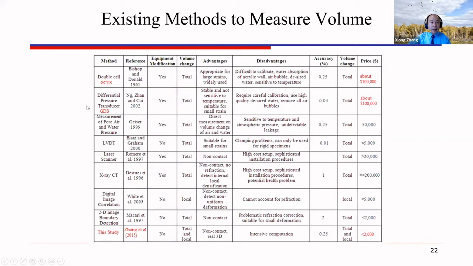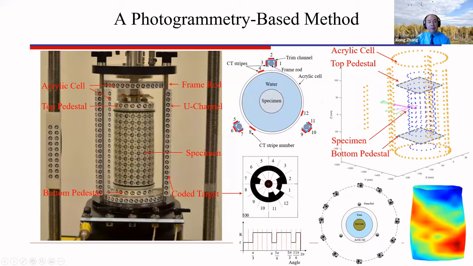So this slide summarizes the existing methods to measure the volume change for soil specimens during triaxial testing. So here we would like to introduce a method developed by my research group at Missouri University of Science and Technology. The method is very simple. You can use the conventional triaxial testing system for saturated soil to do research for unsaturated soils.